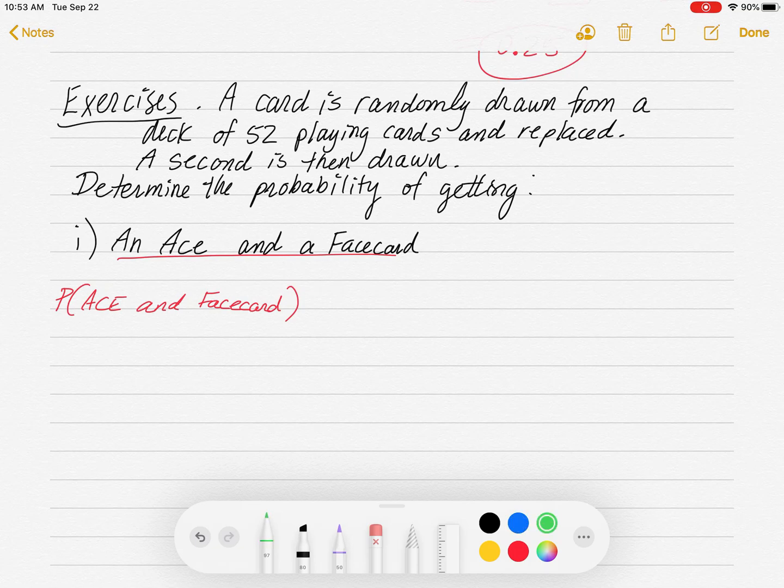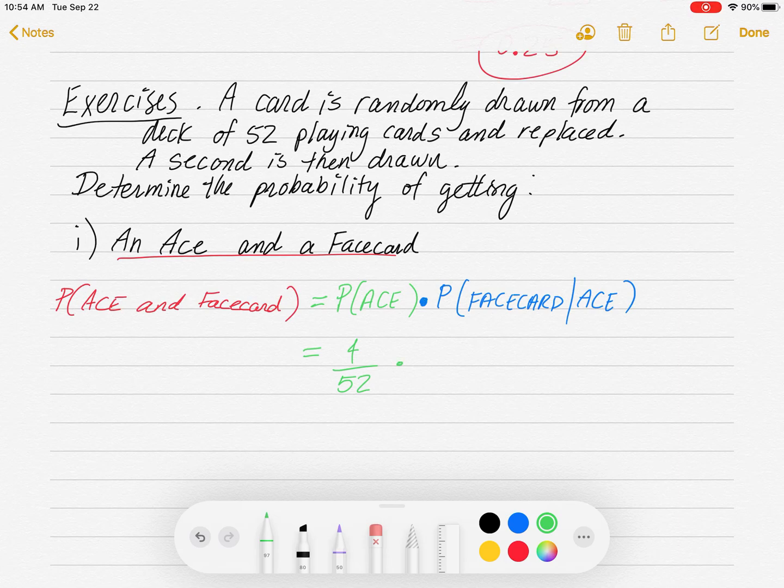Well, according to the formula, it's the probability of first getting an ace multiplied by the probability of getting a face card after we already got the ace, given that we got an ace. All right, so what's the probability of getting an ace? Well, remember there are 4 aces out of a total of 52 cards, so that's 4 out of 52.